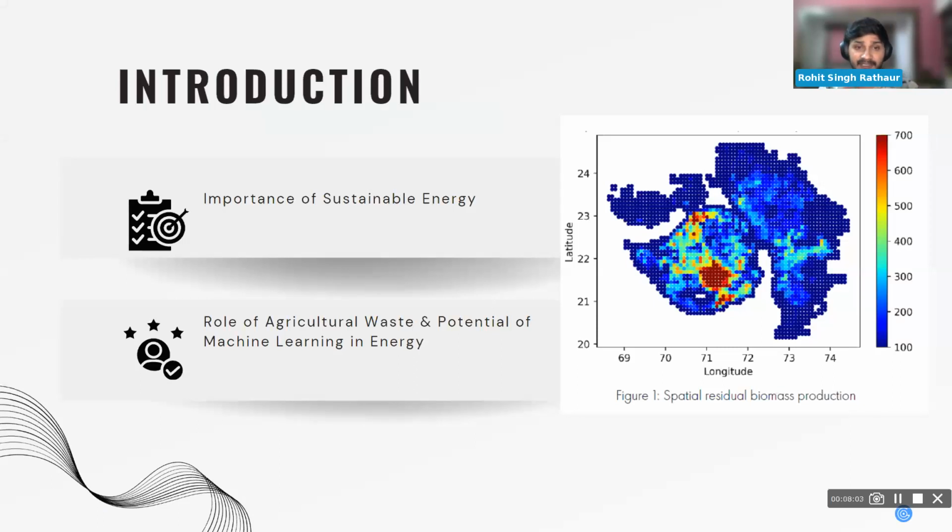The conversion process itself is multifaceted. It is not just about turning waste into energy, but also about doing it efficiently, sustainably, and at a scale that makes a big difference.